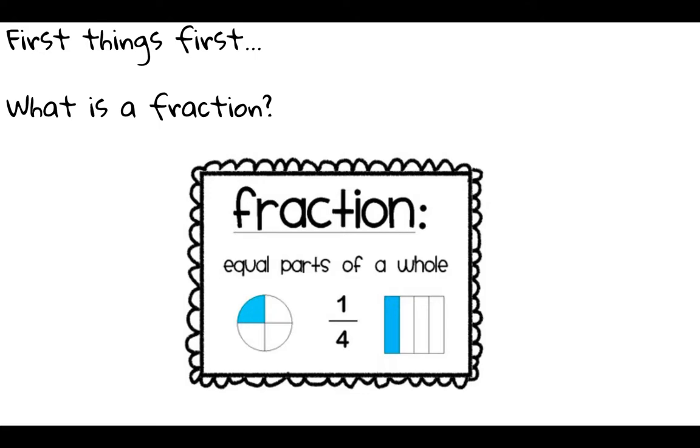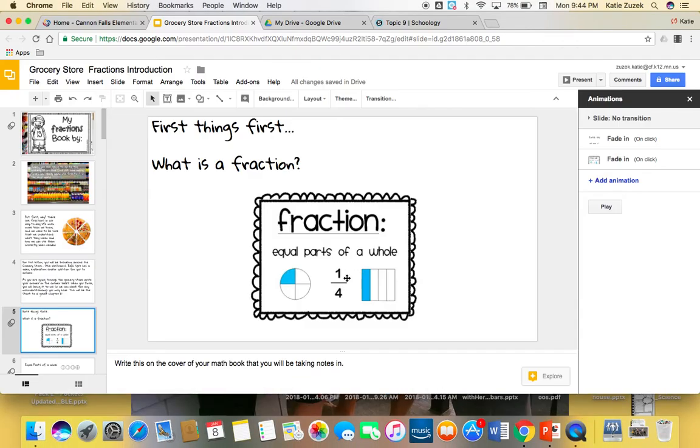That's going to come in handy down the road when we start looking at fractions on a number line today, when we start adding fractions in the next week or so. And so you need to make sure that you have that. So if you have not yet, you can pause this video. You can write down what a fraction is on the cover of your book, and then you can turn the page to the next page.